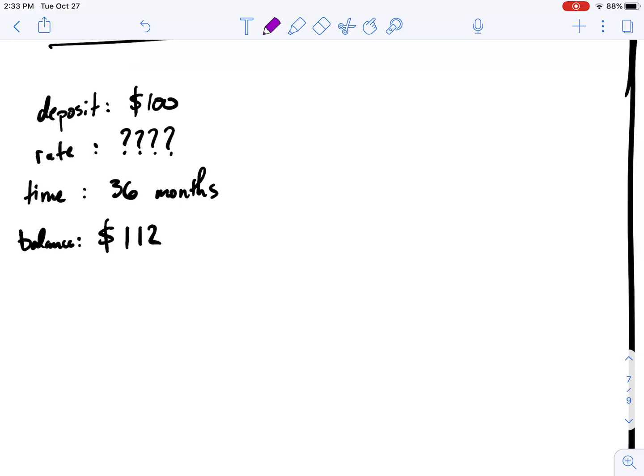So it tells you the deposit. This is the principal, right? The original amount. We don't know the rate, but we know the time, right? So we're going to do 36 divided by 12, get 3. And now we know the balance, this is like the new amount, right?